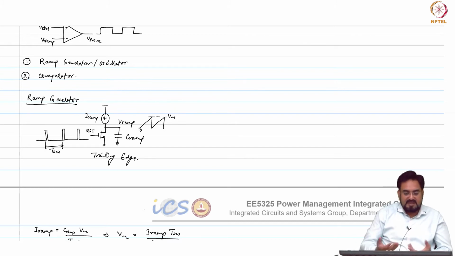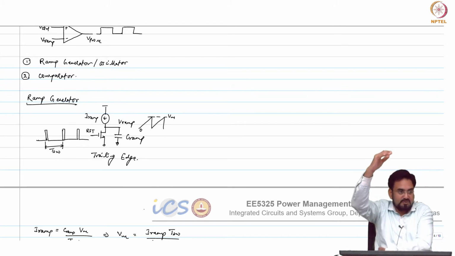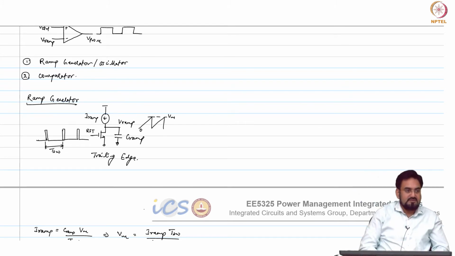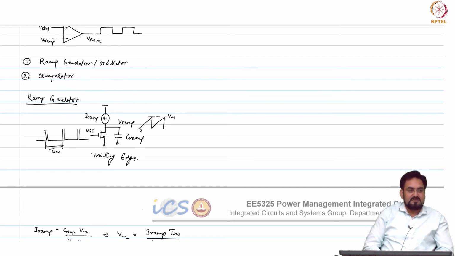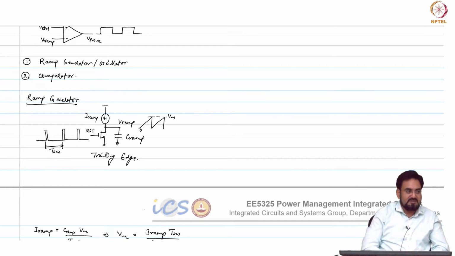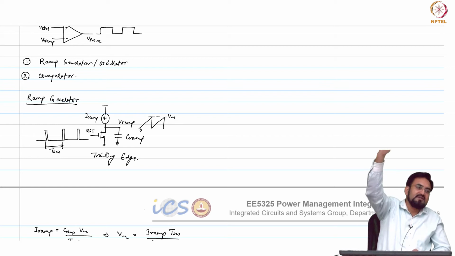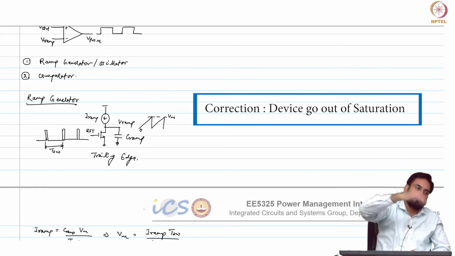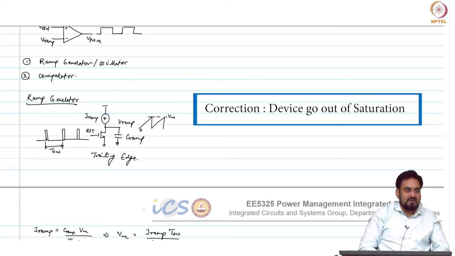So, as long as we remain above 500 millivolt, you are not going closer to the limit. So you have to see where you are limiting the duty cycle, whether you are hitting the voltage where one of the devices will go into saturation or not.